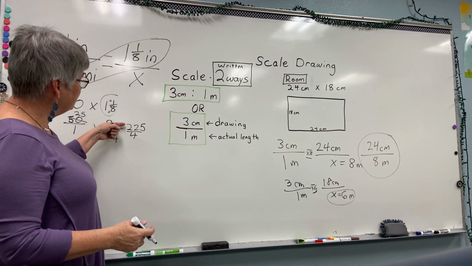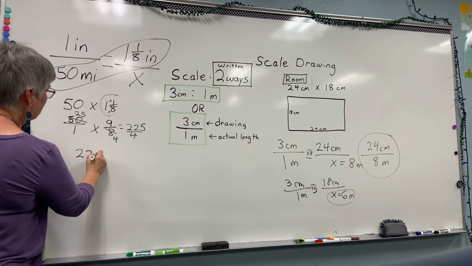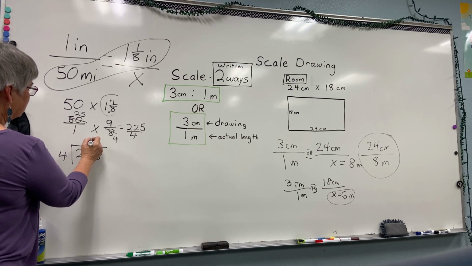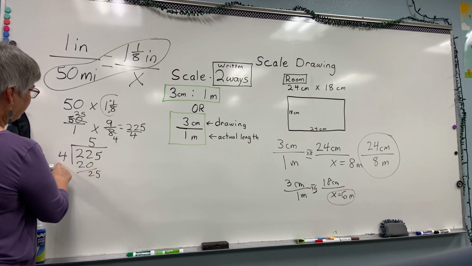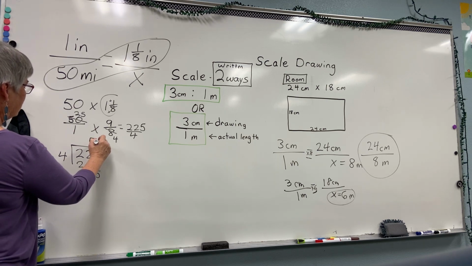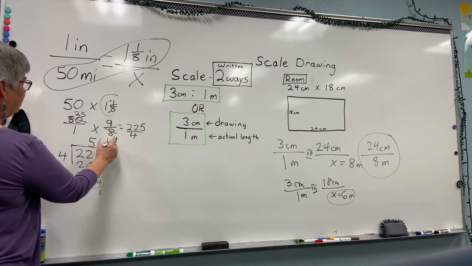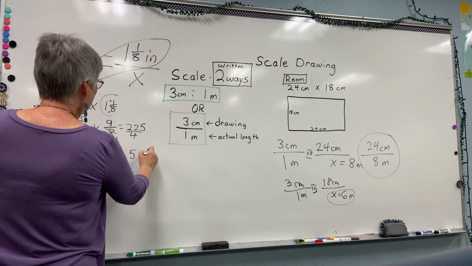So I divide 225 divided by 4. 4 sixes, 4 fives. 20. 4 into 25 goes 6 times with 1 left over. So my answer was 56 1/4.